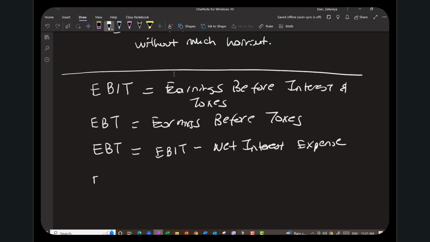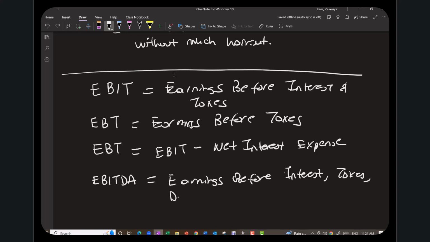And it's rare, but we will also talk about something called EBITDA. It says EBIT plus, or earnings before interest, taxes, depreciation, and amortization.